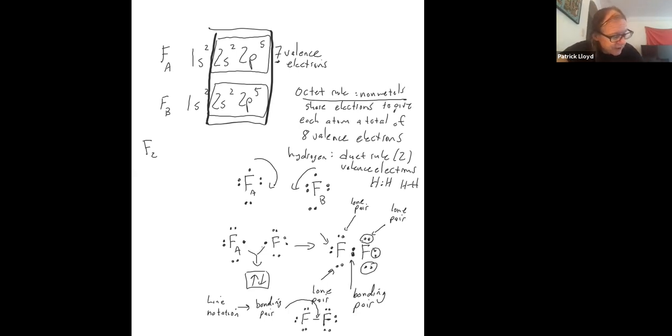So, if you think about it, let's take oxygen. Well, let me make a new slide here. If you take oxygen, for example, 1s2, 2s2, 2p4. Oxygen is element number 8, so it has 8 electrons, and then it has 6 valence electrons.